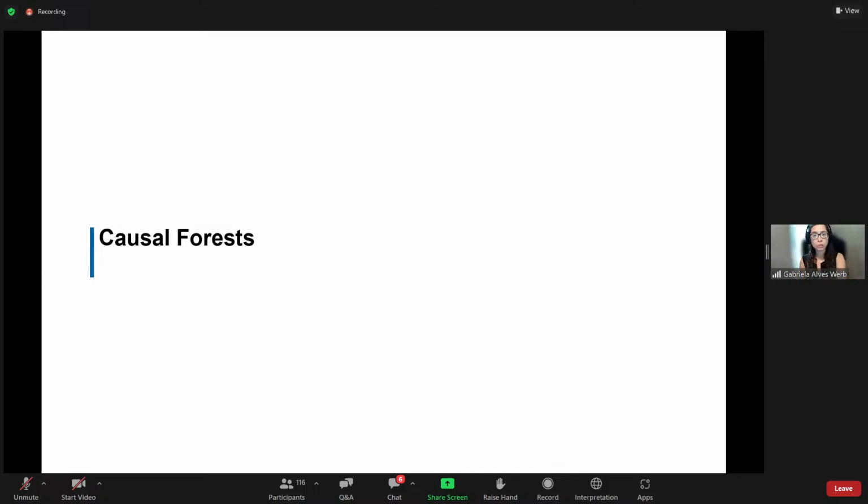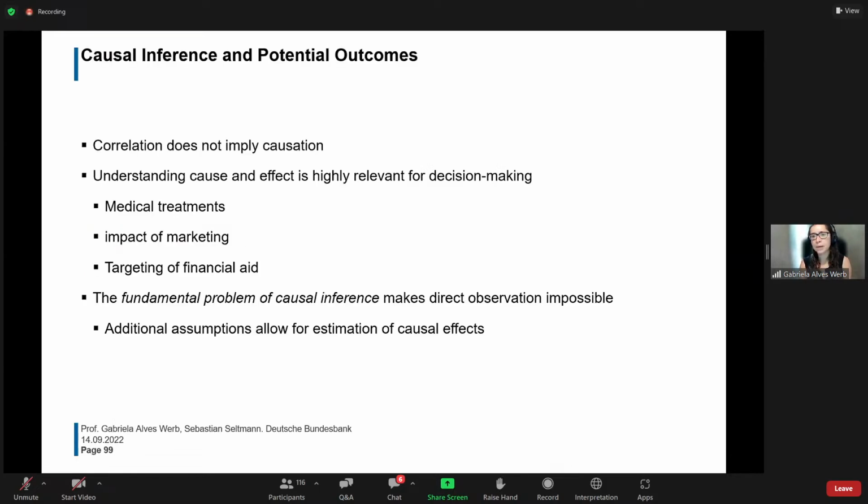Now, to take this to the next level and to try to estimate causal effects of a certain treatment, we need to make some adjustments, which we're going to discuss in a bit. But just to make a little recap on what we care about when we're talking about causal inference.